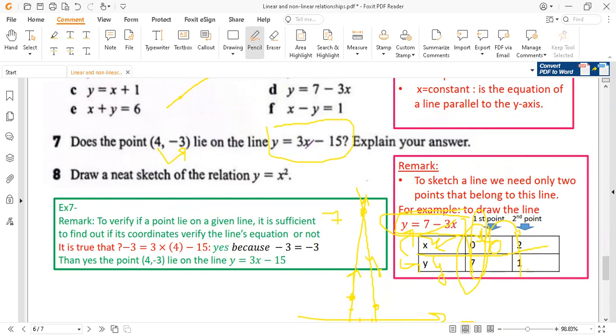If the equation is well verified, is correct, a true statement, we say that the point lies on the line. Here, if we substitute x by 4 and y by -3, we obtain a statement saying that -3 equal to -3, so it is a true statement. So we say yes, the point lies on the line.